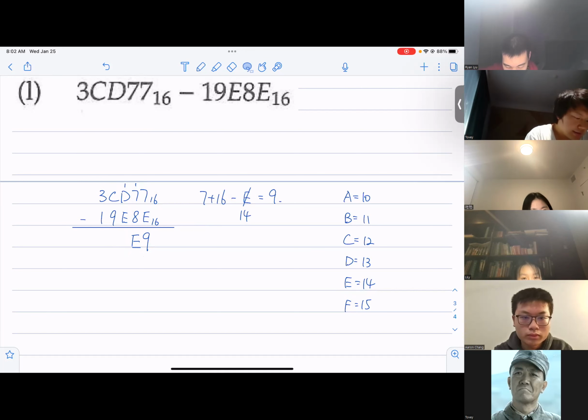Yeah, good. Next. So Erin can continue. It turns into C. So C minus E, you have to borrow again. Yeah. So 16 plus C is 28. 28 minus 14 is 14. So 14 is E again. So we write E again, and we borrow one again.